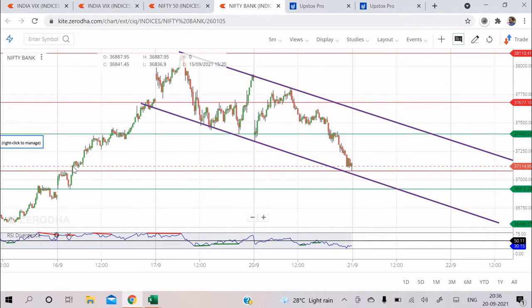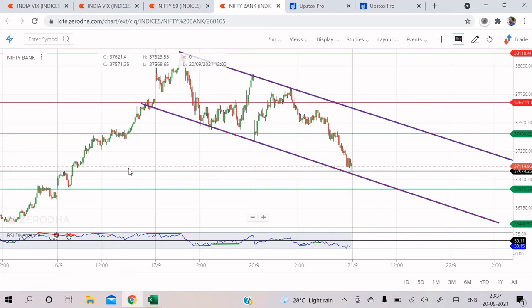So if we open flat and break today's low, I'm not expecting a very big fall. We may bounce back from here and then come back into this channel again. So if you see a reversal candle at this place, around 36,915, or a bull candle here, you can definitely take an entry on the call side. So you can buy a call option.